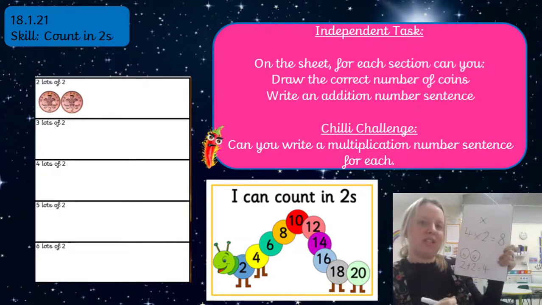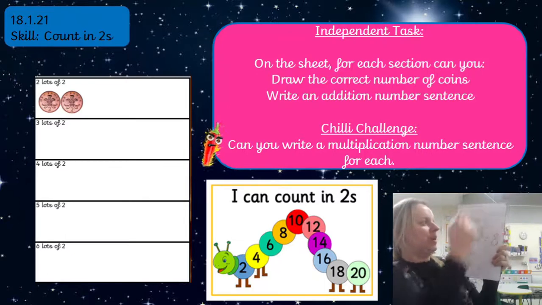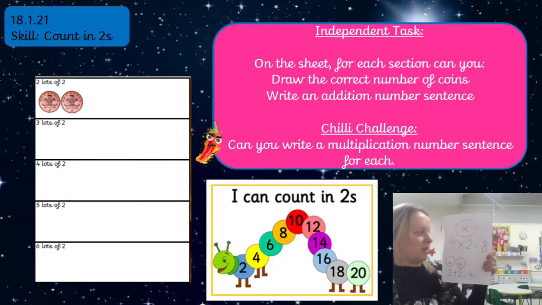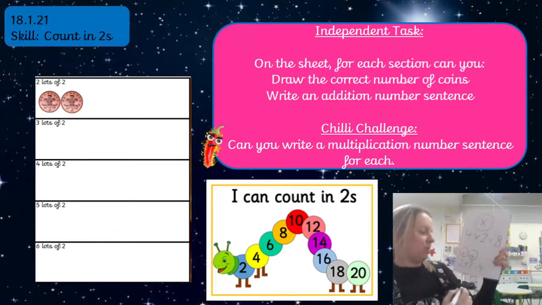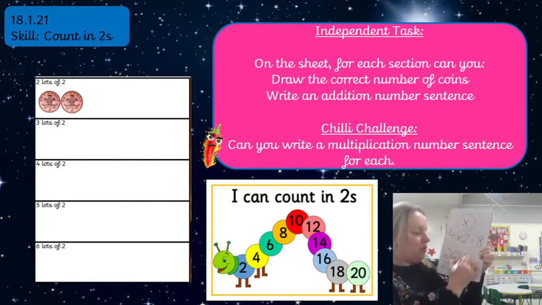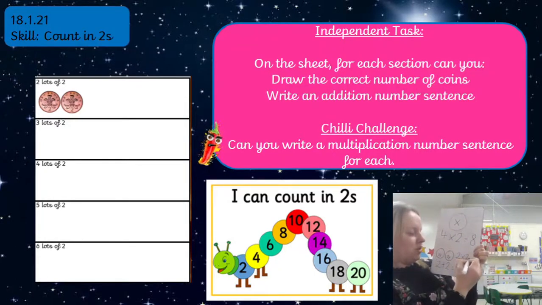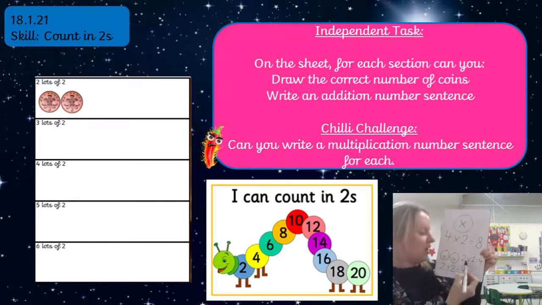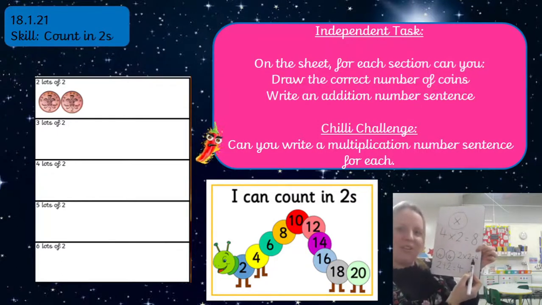If we were writing that using our new symbol, our times or multiply symbol, then we would write 2 times 2 equals 4, which also means 2 lots of 2 equals 4.